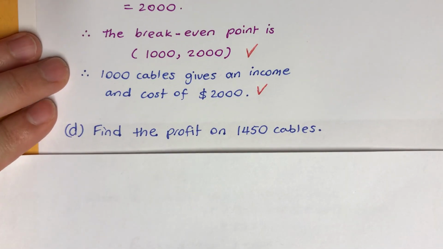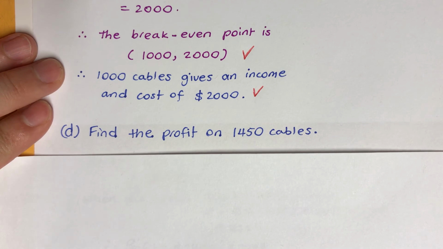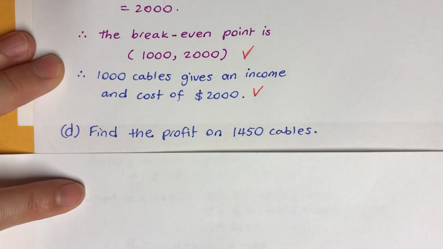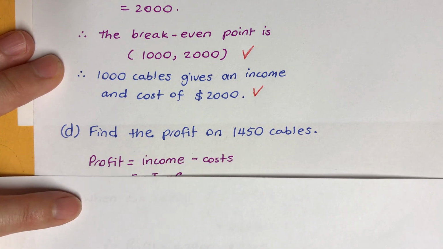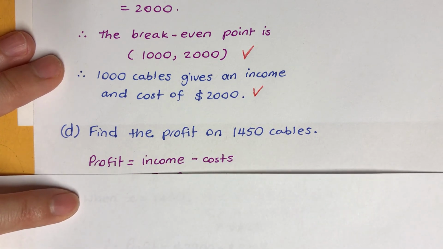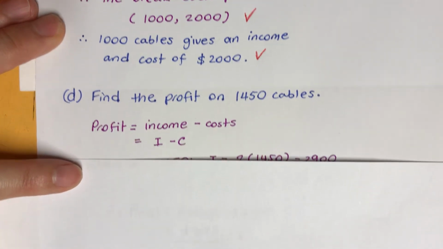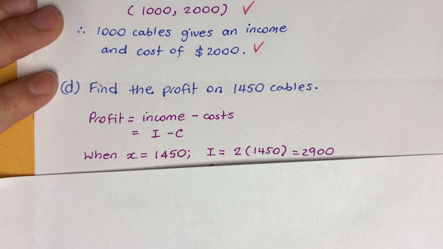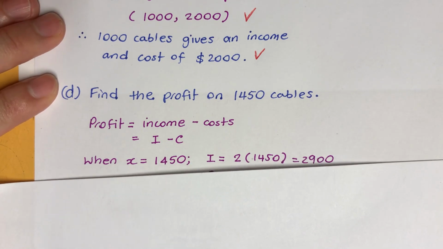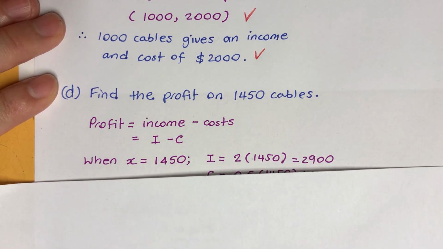Now, find the profit on 1,450 cables. So we're looking for profit here. So what is a profit? To find the profit, you find income, take away how much you spend, expenses, costs. So that would be I take away C. And when X equals 1,450, what is my I?